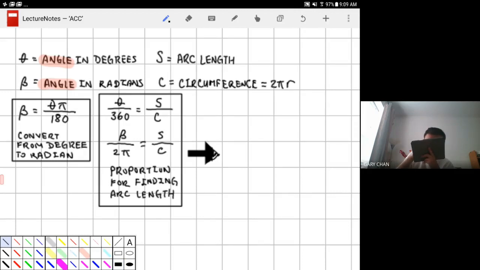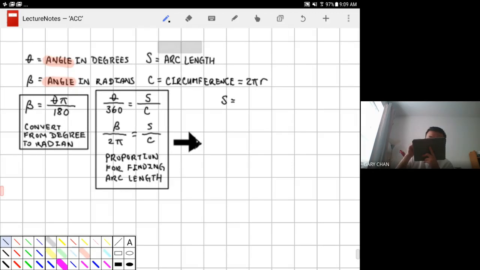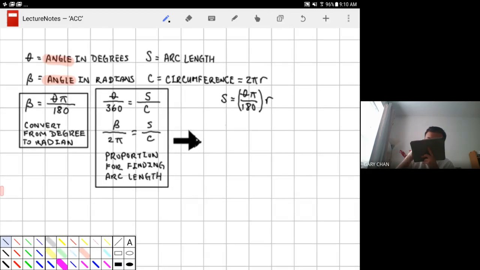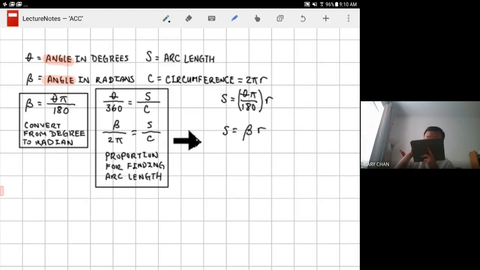We can say the arc length, if we want to write out the formula directly, is equal to theta times pi over 180 times the radius. We did that conversion. I showed you that derivation. I think it was on either Monday or Tuesday. And then there's a second formula, because we can express this not just in terms of the degree measure, but also in terms of the radian measure. So we can find out the arc length using this method here.